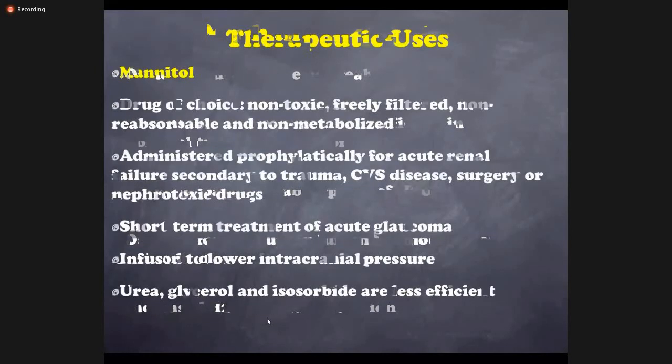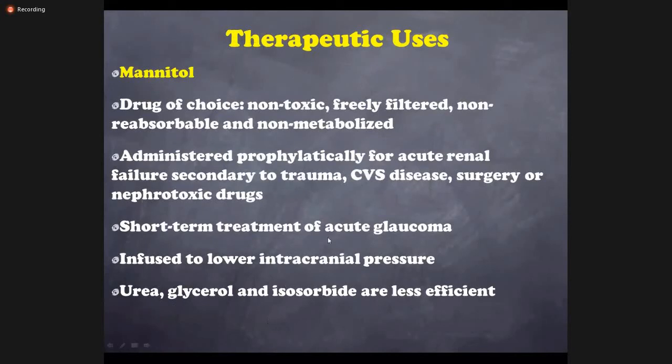Therapeutic uses: the drug of choice is non-toxic, freely filtered, non-reabsorbable, and non-metabolized. It is administered prophylactically for acute renal failure secondary to trauma, cardiovascular disease, surgery, or nephrotoxic drugs, to avoid kidney damage. It is used for short-term treatment of acute glaucoma with increased intraocular pressure, and infused to lower intracranial pressure, that is, cerebral edema, right?